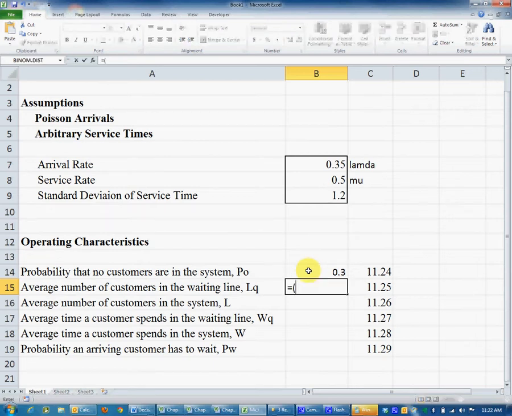Okay, equals open B7 to the power of 2 times B9 to the power of 2 plus open B7 divided by B8 close to the power of 2 close divided by open 2 times open 1 minus B7 divided by B8 double close.